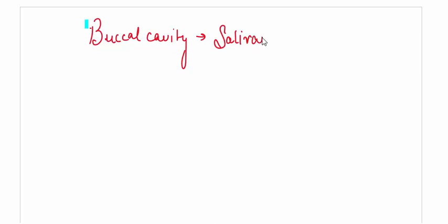And let me write the secretions, which will help you to remember, right? Let us take the pen here. So in the mouth cavity, which is called the buccal cavity, the salivary glands are present, and they secrete the saliva.